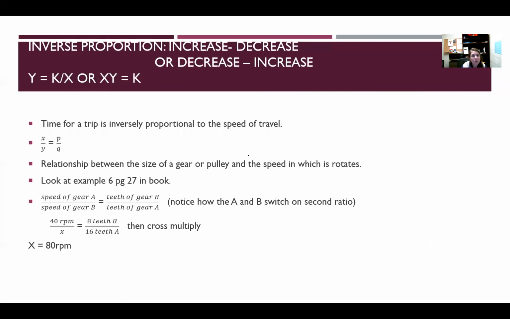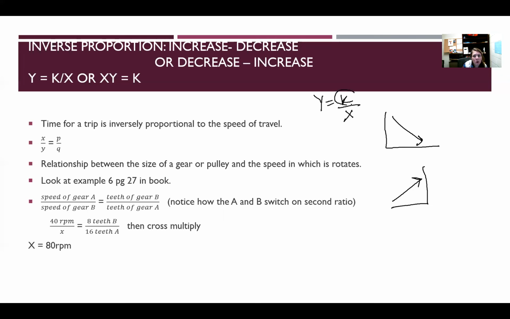You also have inverse proportions. That means as you increase your x, it decreases. So as you're increasing x, your y is decreasing. Or you could also do vice versa. As you're decreasing your x, your y is increasing, which looks like this. Okay. So it's inversely proportional, so that means that y is equal to k over x.